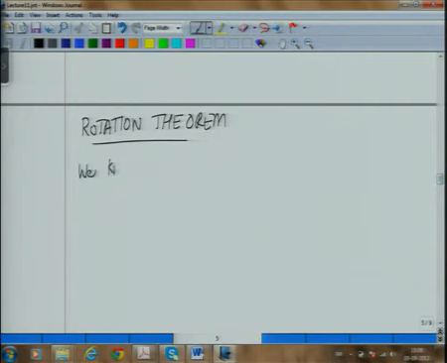So rotation theorem is used if we know the inertia matrix. Now for using the rotation theorem, we actually need to know the full inertia matrix.